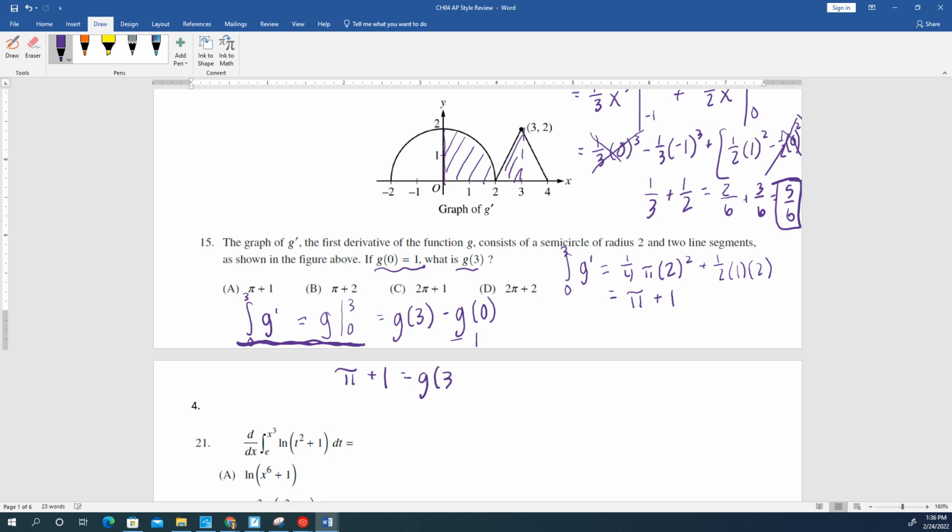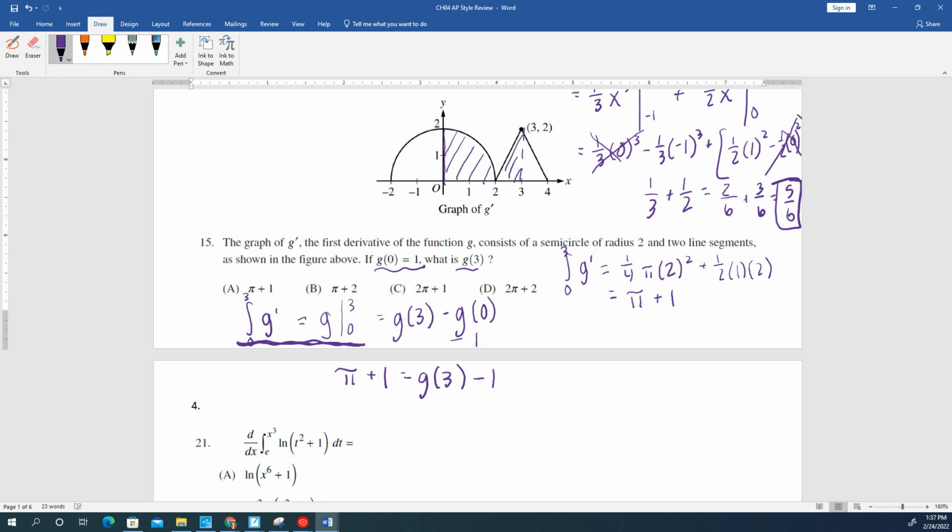So combining the fundamental theorem of calculus, here's everything we know. The definite integral of g prime would be the same as g of 3 minus g of 0. They tell me what g of 0 is, and I'm trying to find g of 3.